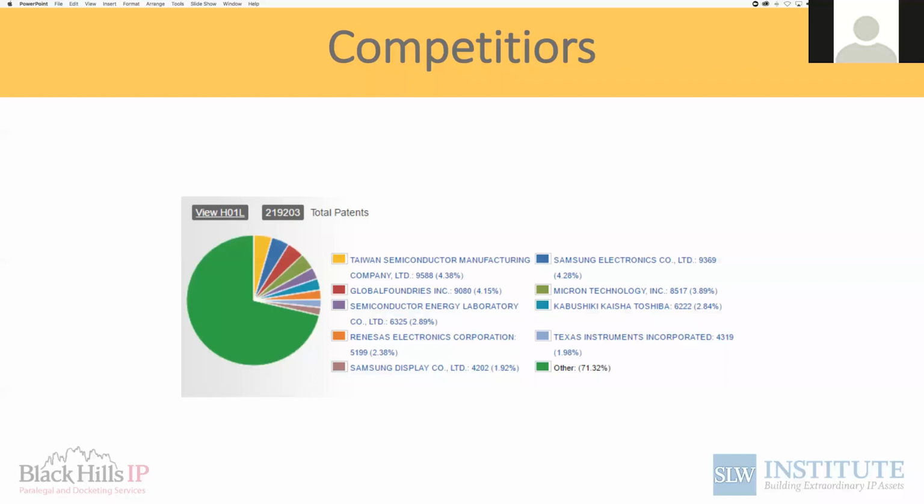So this particular patent, if I'm in the semiconductor manufacturing space, and some of my competitors are big foundries like Taiwan Semiconductor, Global Foundries, for example, I might say this is in a space where I have competitors and I want to look closely at this patent, because I can see that it already may have value because I have several competitors that are working in this space as well.